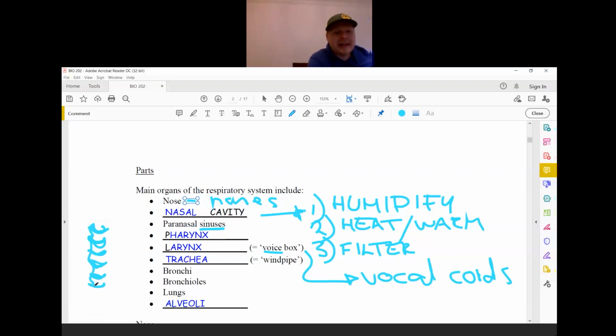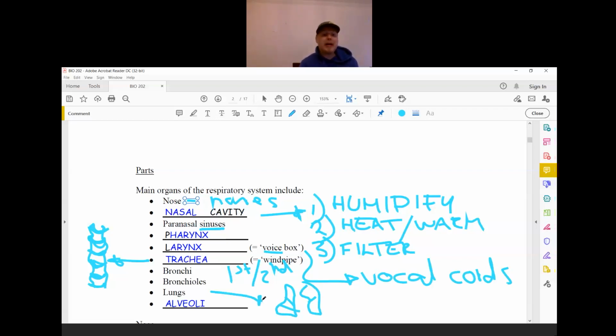We'll also talk a little bit about the further branches, that includes the primary and secondary bronchi, and bronchioles, which are smaller versions of the bronchi. We'll talk about the lungs with all of the lobes and the specific shapes we can see for the lungs. And we'll finish off by having a look at the alveoli.